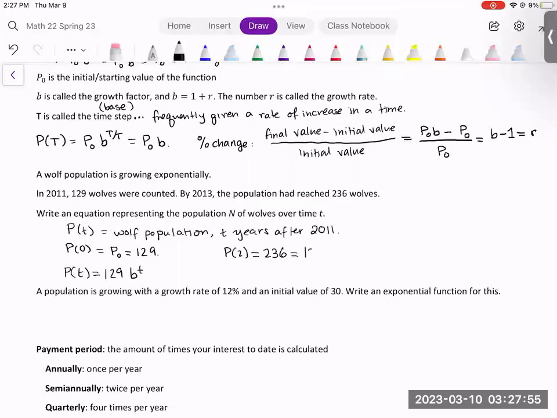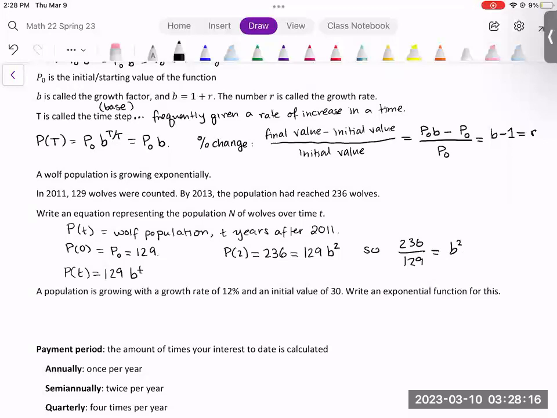And this is also equal to 129 b to the 2. Well, that lets us figure out what b is, because we can divide 236 by 129, and this is equal to b squared.